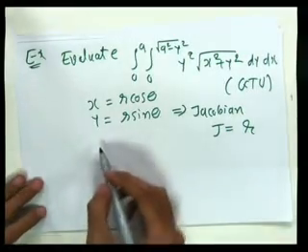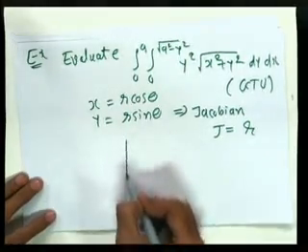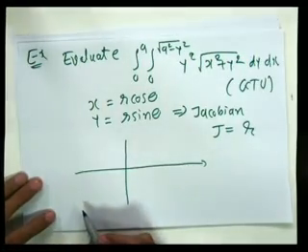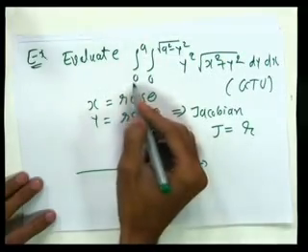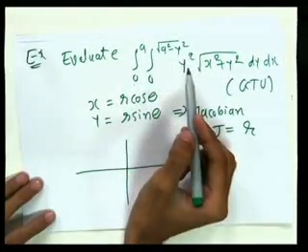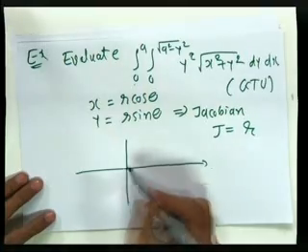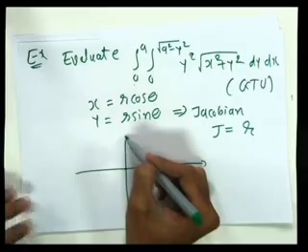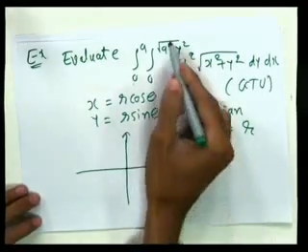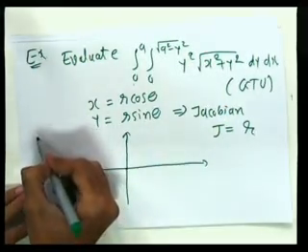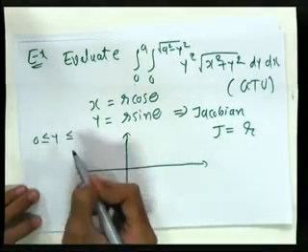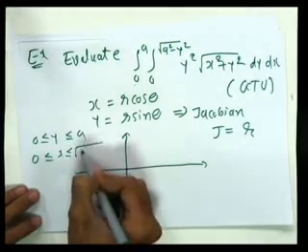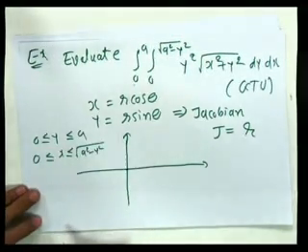If we draw the diagram first, we will get it easily. The limit of y is from 0 to a, so it's from here to here. Looking at the diagram, 0 is less than or equal to y less than or equal to a, and 0 is less than or equal to x less than or equal to root of a squared minus y squared.